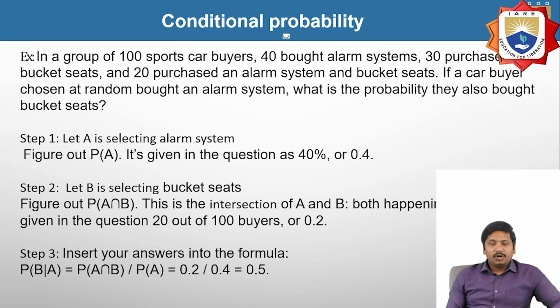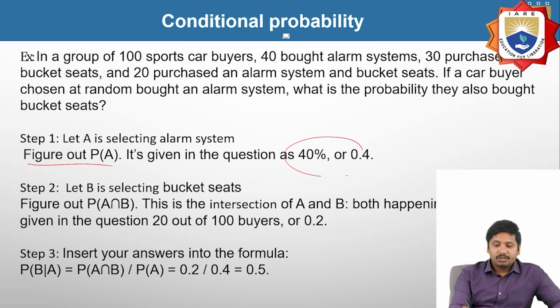In a group, we have 100 sports car buyers. 40 bought alarm systems, 30 bought bucket seats, and 20% purchased both an alarm system and bucket seats. In step 1, we select the alarm system and figure out P of A, which is 40%, that is 0.4.